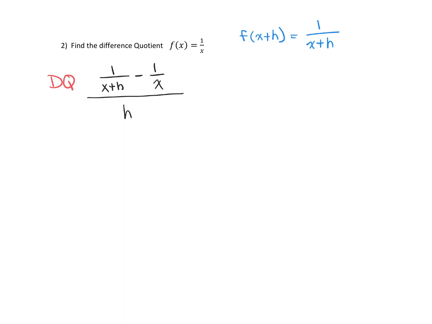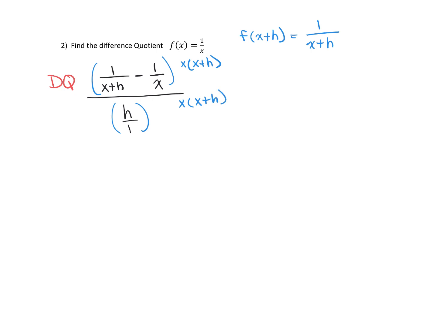In this case, we have what we call a complex fraction. So one way to simplify a complex fraction is to look at all of the denominators, 1, x, and x plus h, and find the least common denominator, which in this case is x times x plus h, and multiply that on the top and on the bottom.